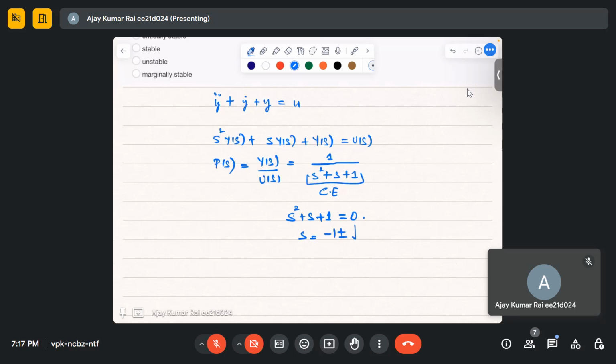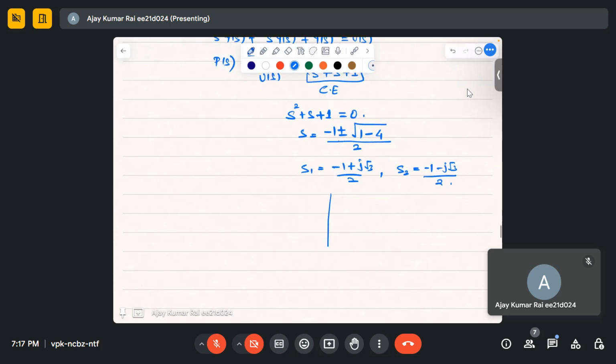So what you'll get is that the roots are like this, somewhere here.